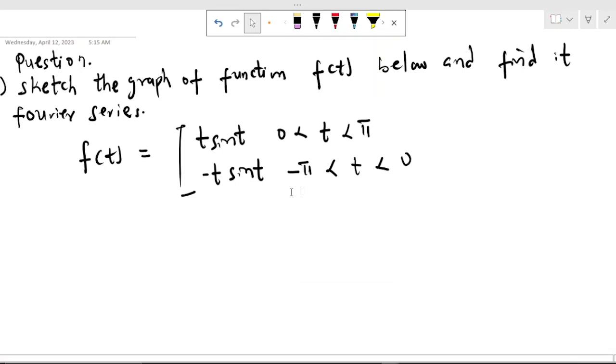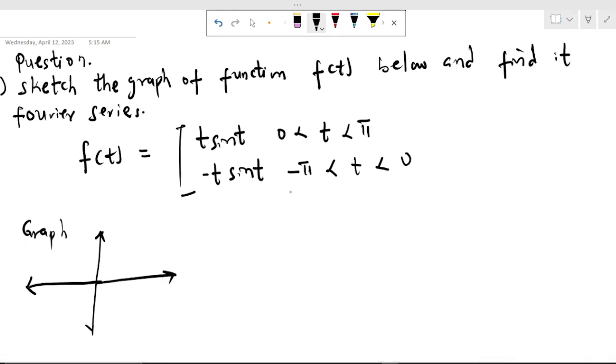So let's start with the graph. Before trying to draw the graph of t sine t, I believe you all know by now that for sine t, forgive my line if it's not straight, we would have a curve like this, where this is 1 and this is pi over 2, pi, 3 pi over 2, and 2 pi, and so on like that.